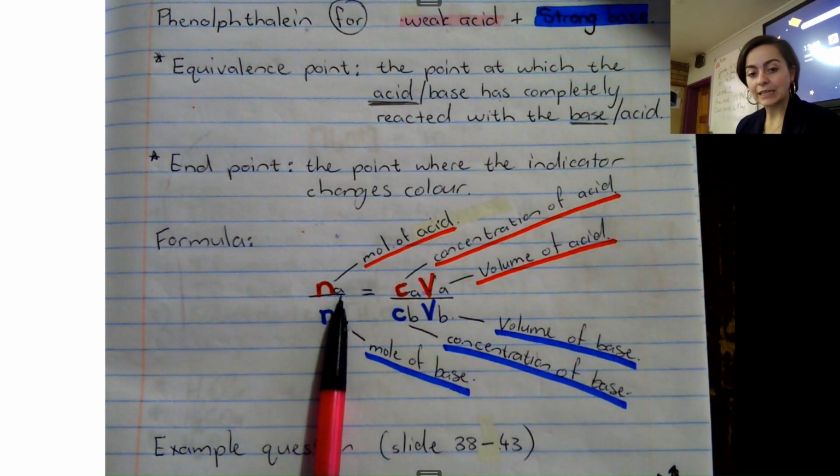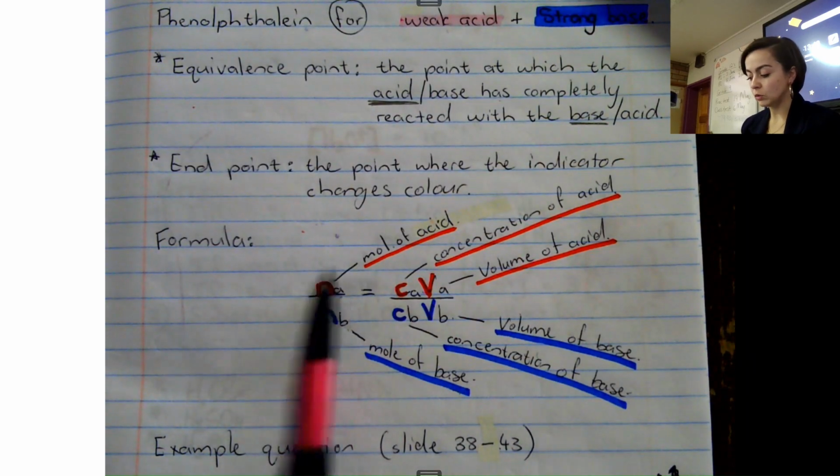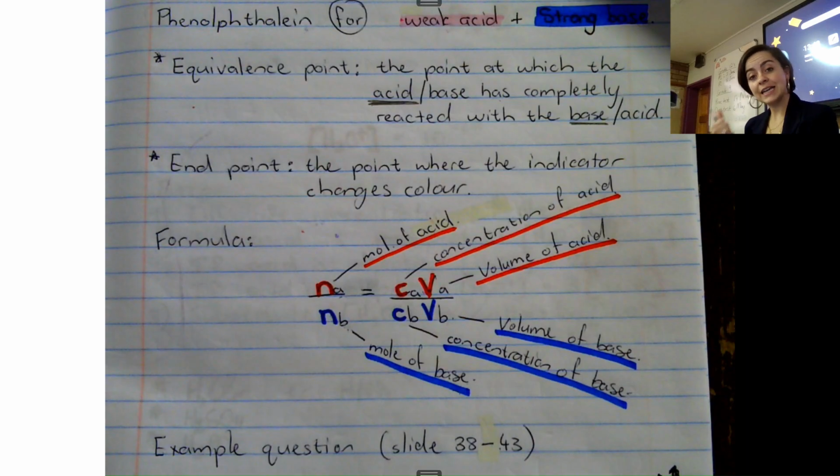But if I now look at this part here, what do I substitute into my mole? I can substitute either the coefficient in my balanced chemical equation, or I substitute the actual mole of my acid and base. And why? Because of the titration method, the mole will be in the same ratio. Neither one of them will be in excess. Okay, so the mole ratio will be the same whether you use the coefficients or the actual mole.